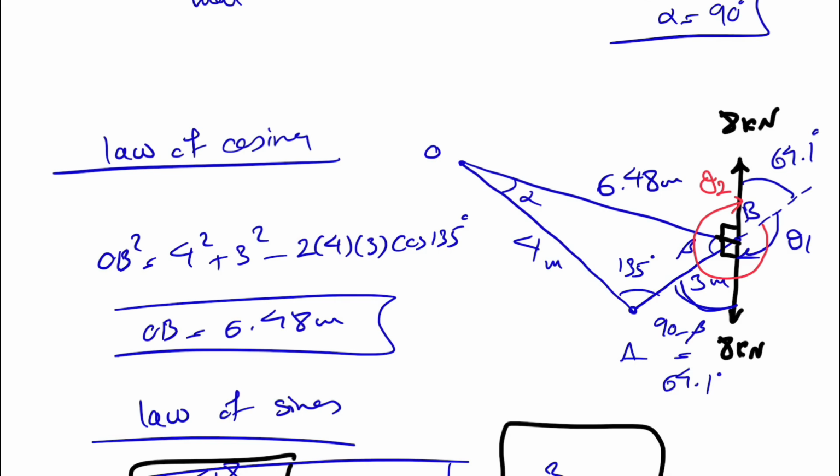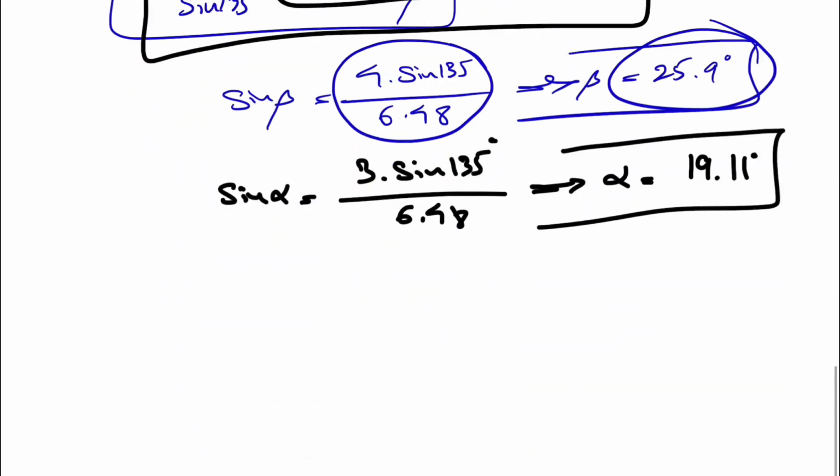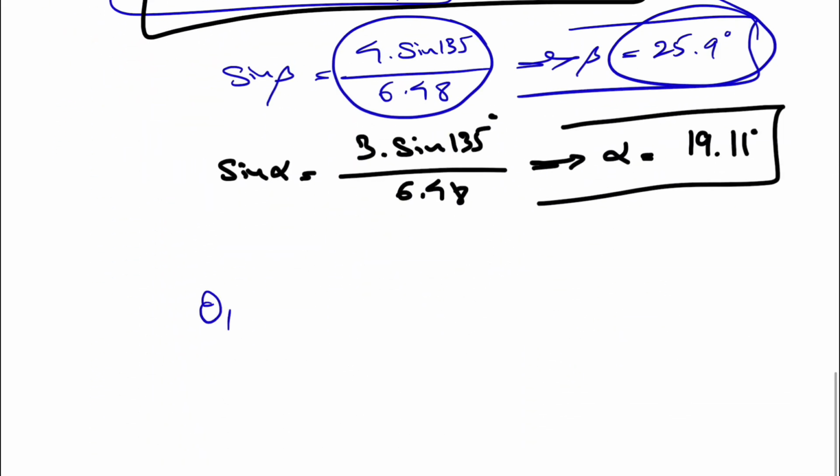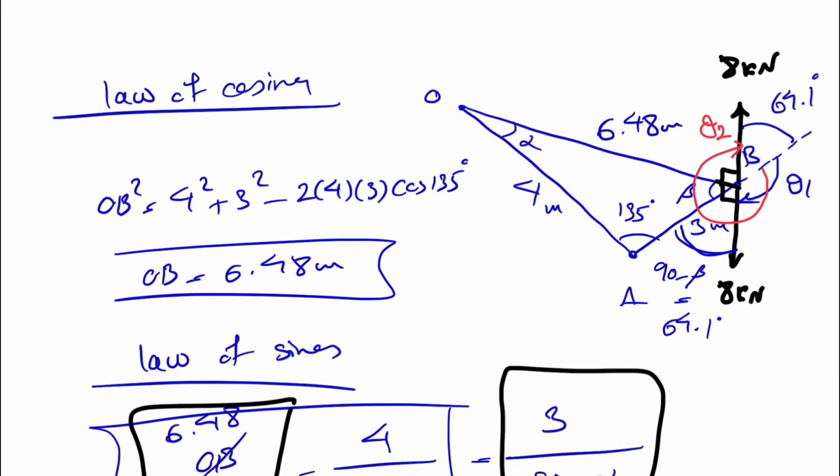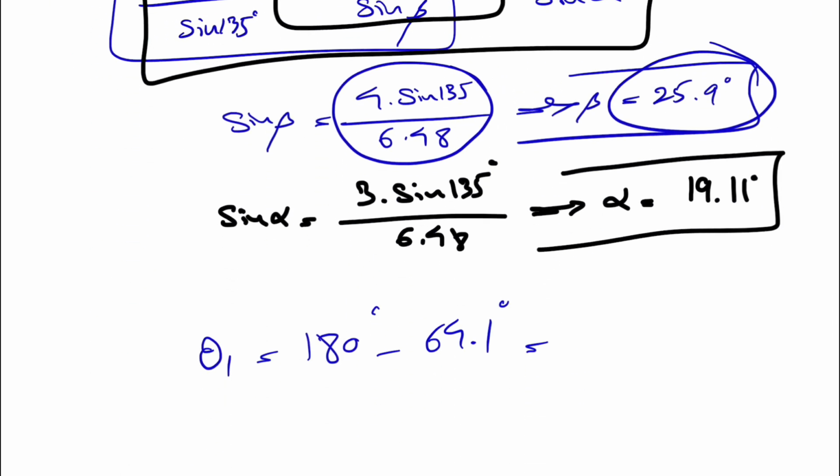So look, finding the angles is now pretty easy. If you want to find theta 1, we basically have 180 minus 64.1. So we are trying to find theta 1, which we have this line 180. Basically 180 minus 64.1 is going to give us theta 1, which will be 115.9 degrees.